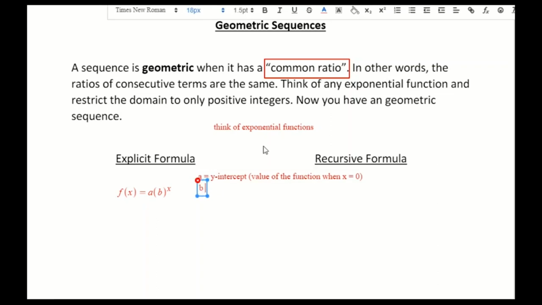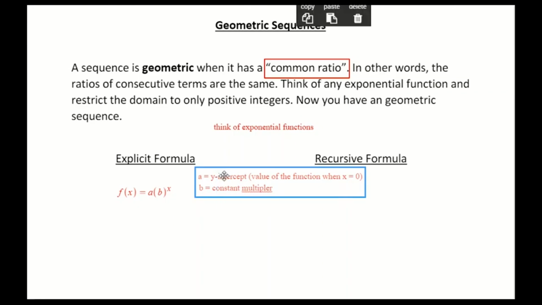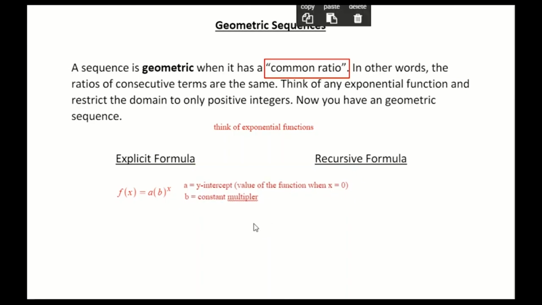So instead of having your slope or rate of change, this is your constant multiplier. In other words, it's the number that you're multiplying over and over again, right? You've learned a lot about exponential functions. I think you pretty much cover it a little bit in every single math class, with the exception of maybe geometry. So you should be pretty familiar with this one.